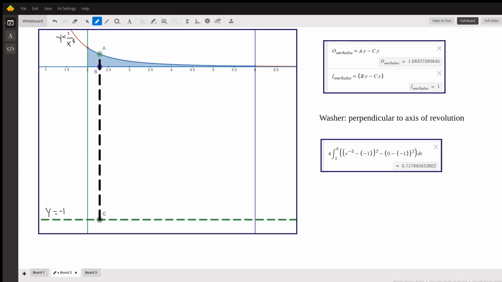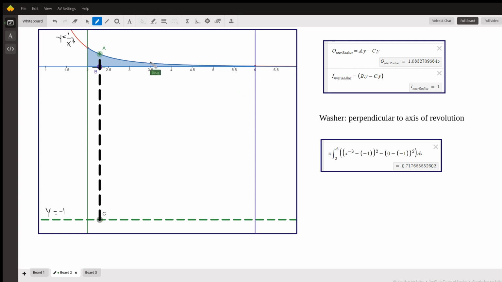we want to come up with an expression for the outer radius, the distance from the axis of revolution up to the outermost portion of the region being rotated, and the inner radius, the distance from the axis of revolution to the innermost portion of the region being rotated.